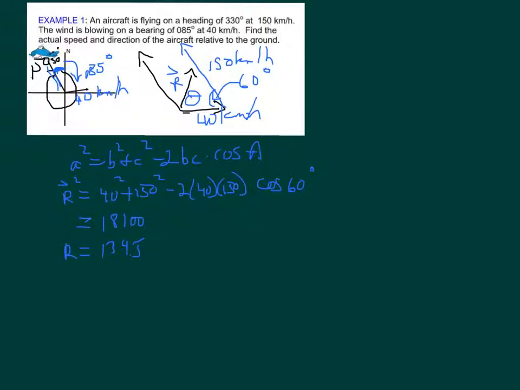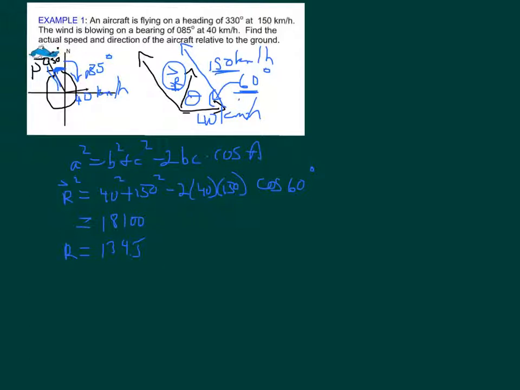Now we need to find the angle theta. Knowing the angle 60 degrees, and now that we know r, we have a matching pair with an angle and a side, and theta is also directly across from the side that we know, which is 150 kilometers.